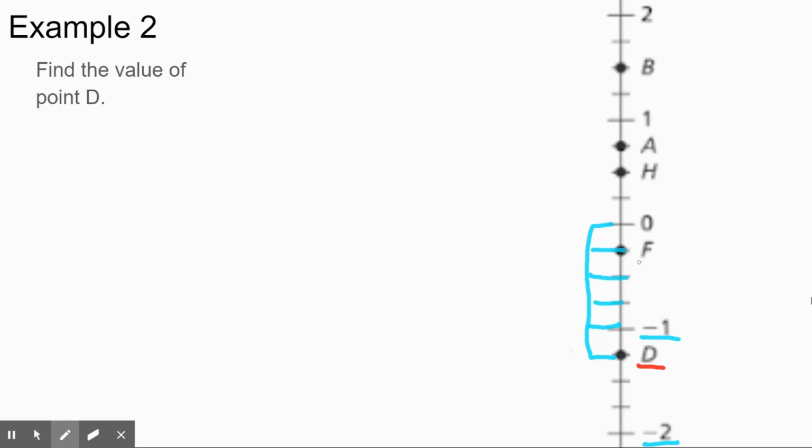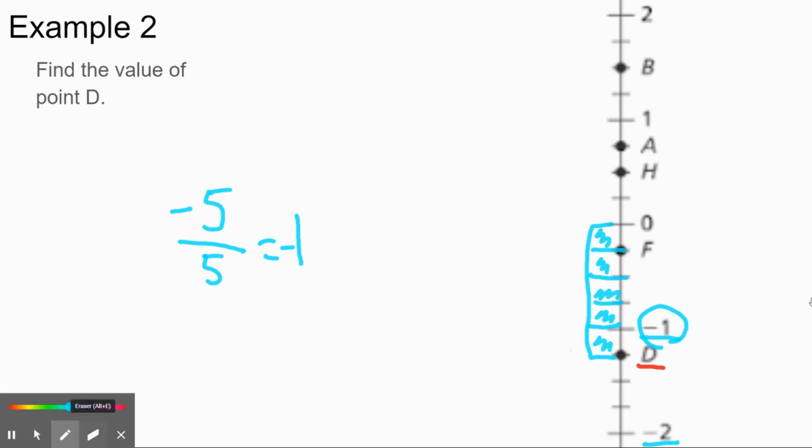And technically you can, but the problem is, if you do that, then you end up with 5 out of what? Well, 5. But 5/5 is just 1. And we can see that -1 is over here. So even if we made this negative, it's still not going to match up with where D actually is. Now we can use something similar to this, which we'll talk about in a sec, but that's not going to quite work the same way.